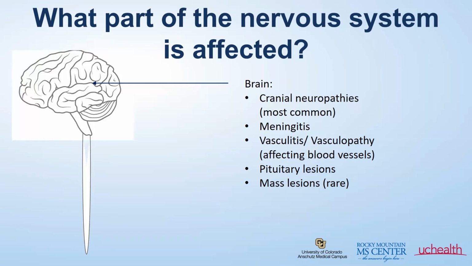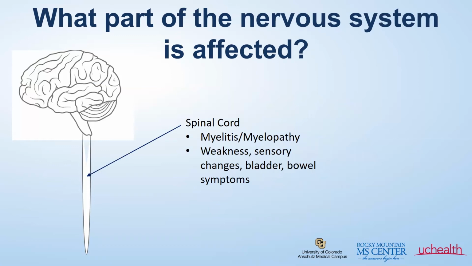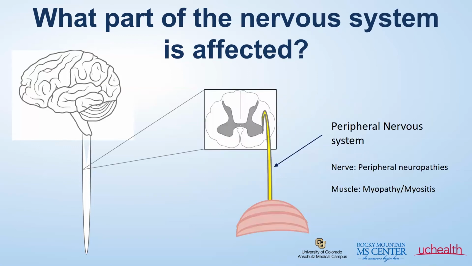Less commonly, you can get mass lesions that mimic tumors, although these are much rarer. If there is inflammation of the spinal cord, this is called a myelitis and can result in symptoms that include weakness, sensory changes, and bowel and bladder symptoms. The peripheral nervous system can also be affected.